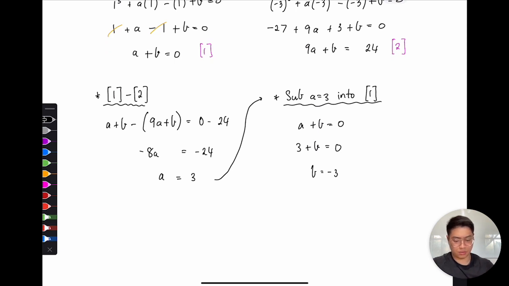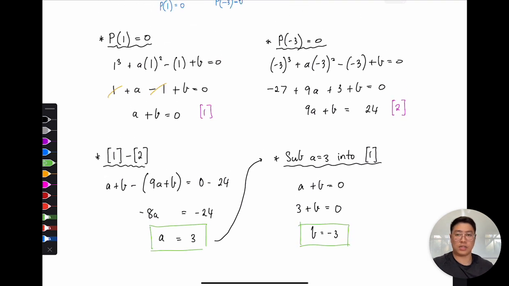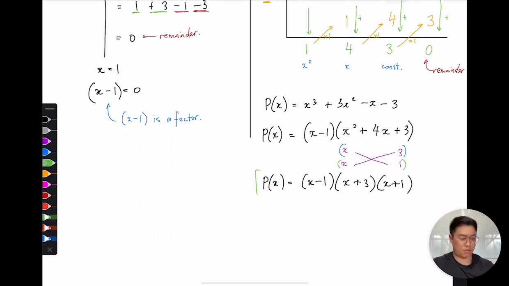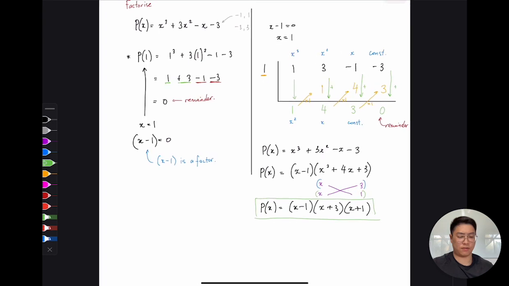This section here, we did factorize it. I'm just going to get a lighter color here, maybe green. Box this up, to clearly indicate to the assessor or the person marking your paper that you have answered the questions and fulfilled the criteria.